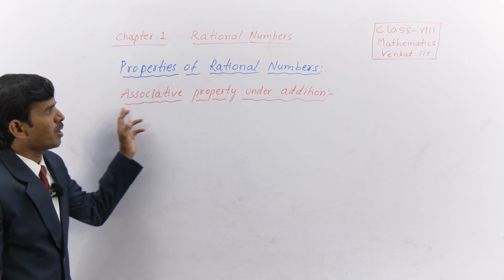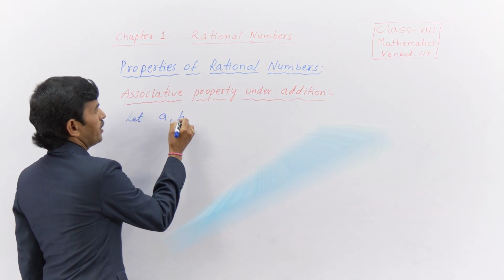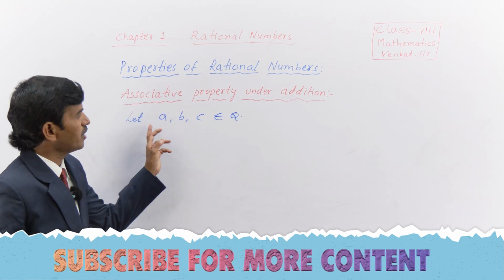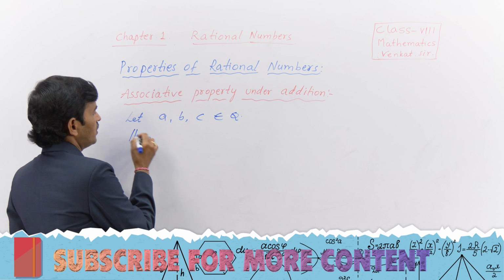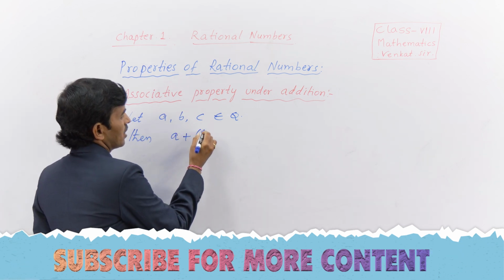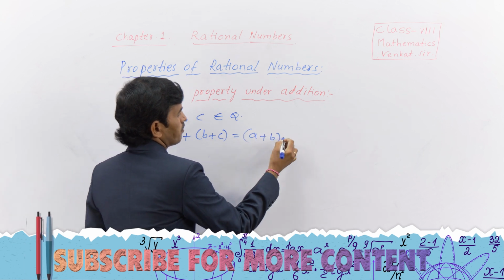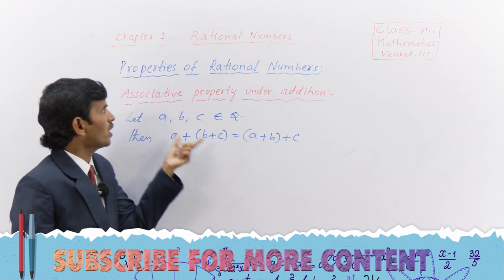What is associative property under addition? Let us see that. Let a, b, c belong to rational numbers. That means a, b, c are any three rational numbers. If this condition is satisfied, that is (a + b) + c is equal to a + (b + c), LHS equal to RHS, then this property is known as what?